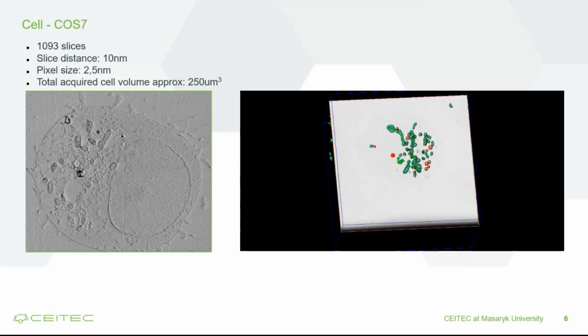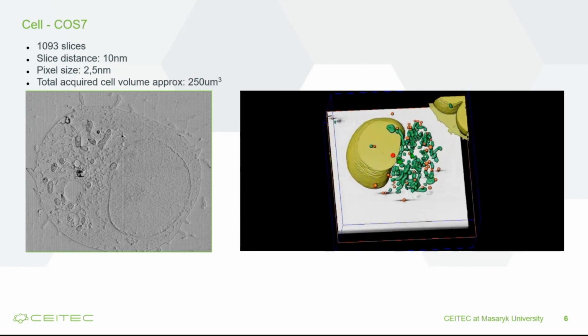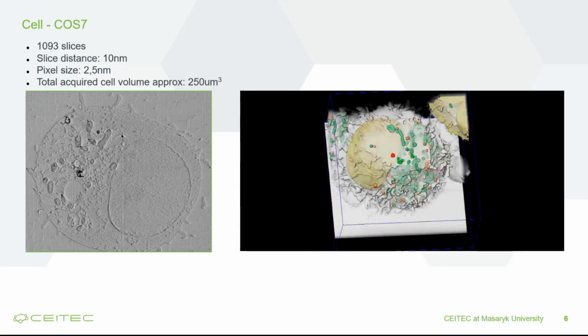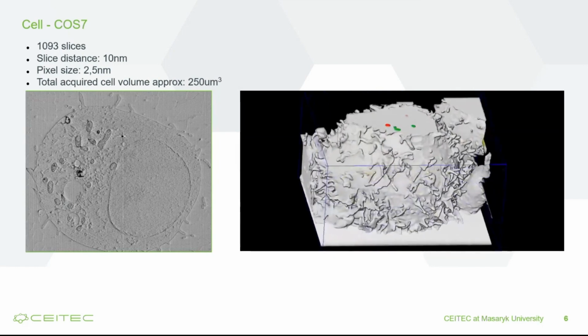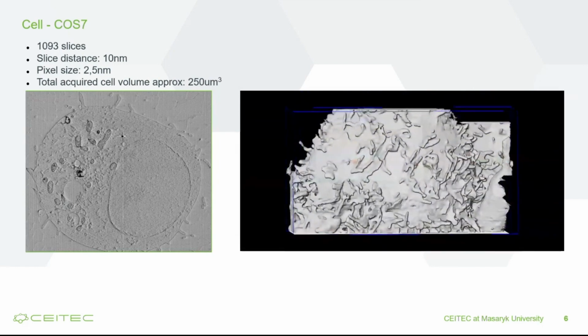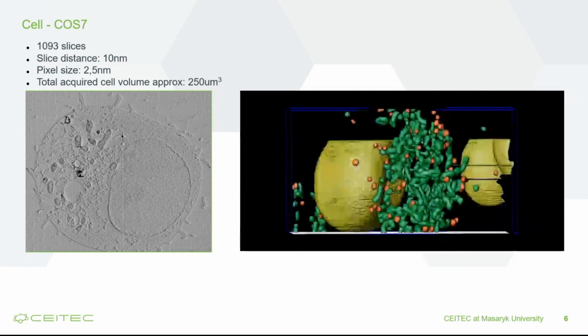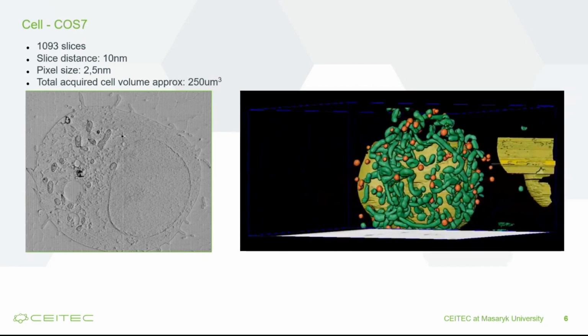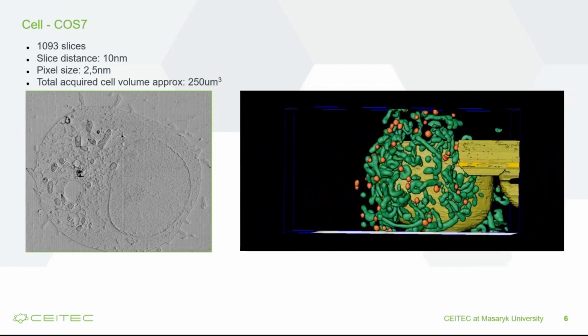And you can see a very rough segmentation of the membrane, and also the mitochondria and lipid droplets, which show a lot of charging in cryo contrast. They overcharge, and also the nucleus.